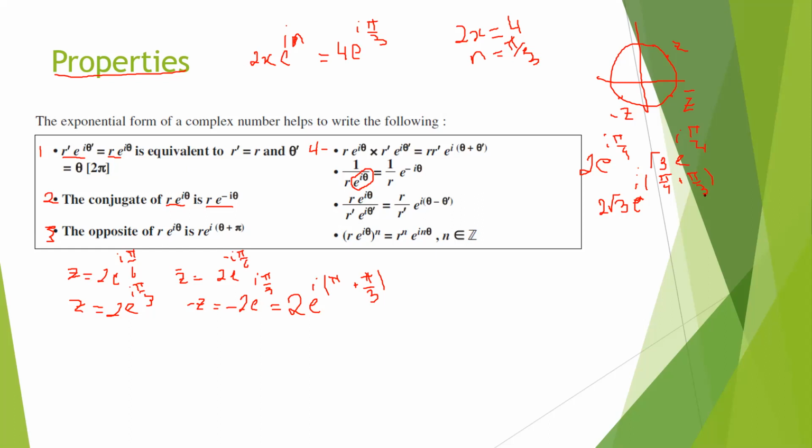Okay guys. Property 5: r e to the i theta, to write its inverse in the exponential form, it is 1 over r e to the minus i theta. The positive power went up and became a negative power, but r stays 1 over r.